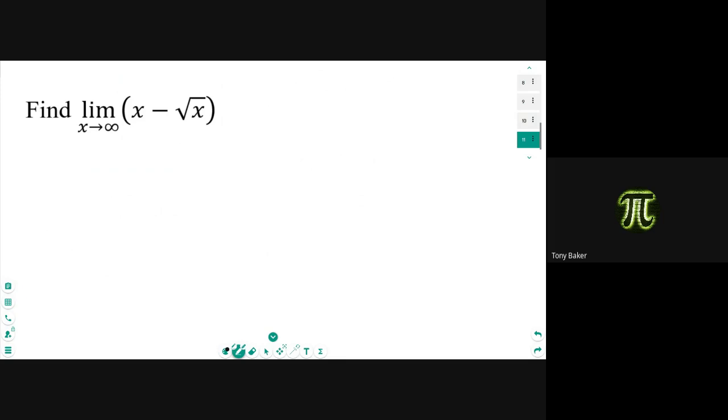That's the point with the limit. You can always do limit as x goes to infinity of x minus the limit as x goes to infinity of square root of x. What's the limit as x goes to infinity of x? What's the limit as x goes to infinity of square root of x? We can't do that. Remember, that's one of those indeterminate forms, right? So we cannot do that.